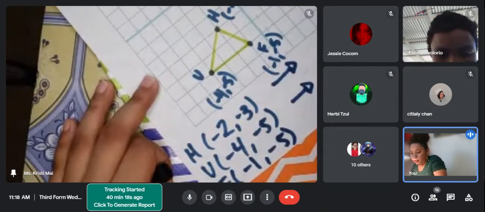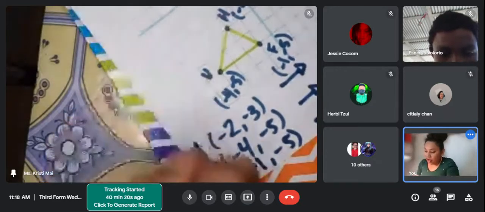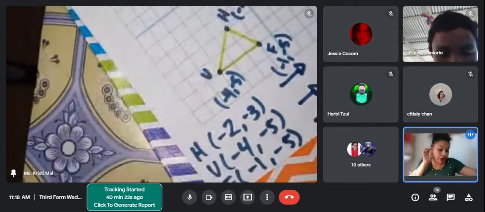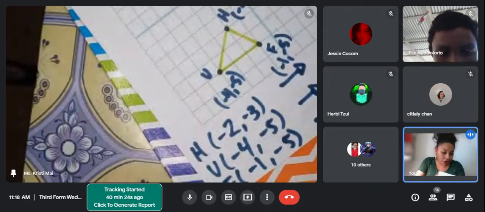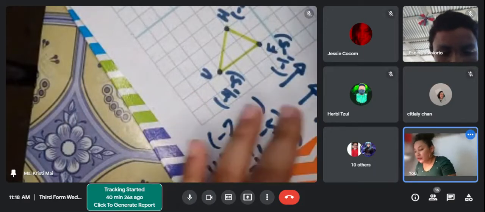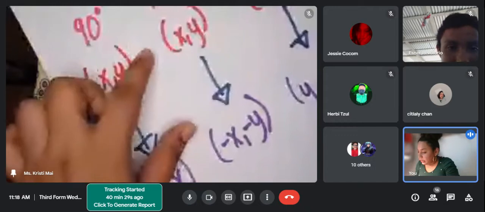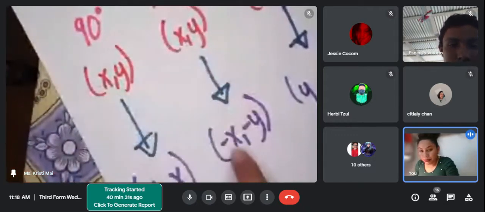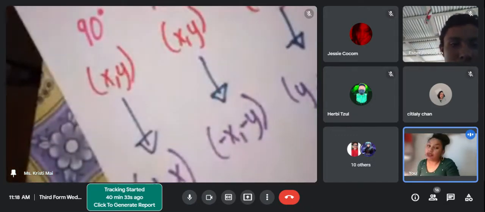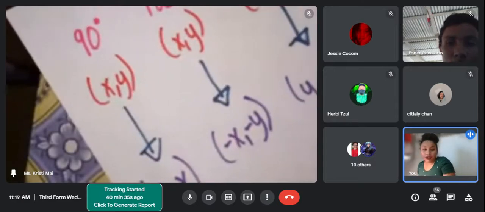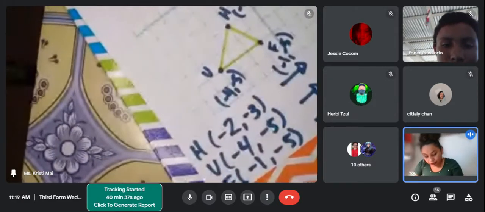And I want to get the new points under 180, right? If you go to our chart, for me to get 180, I'm going to use the numbers in the same place, but now I want the negative of them, the opposite of them. So I'm going to do that for these points.